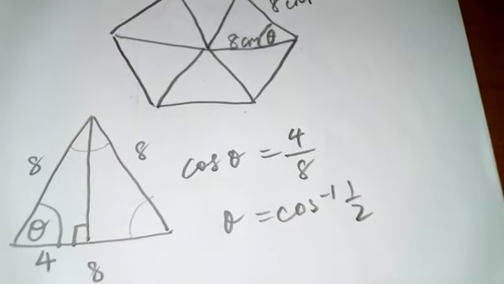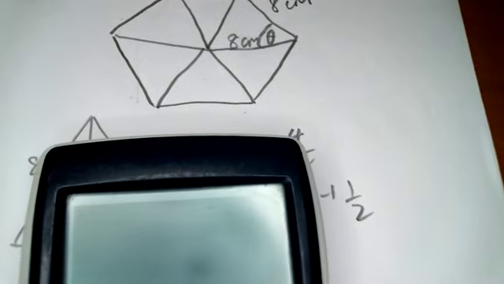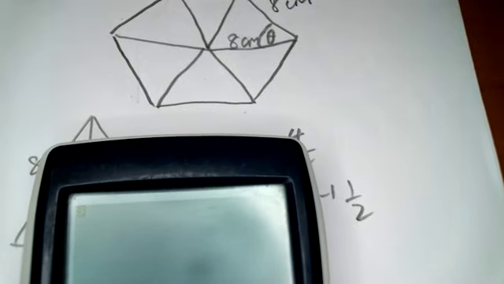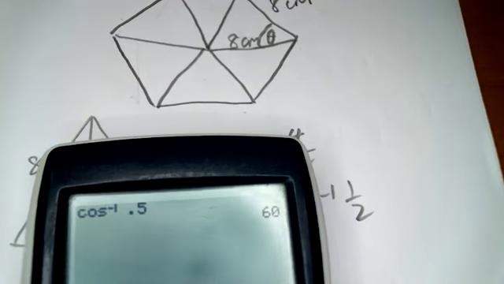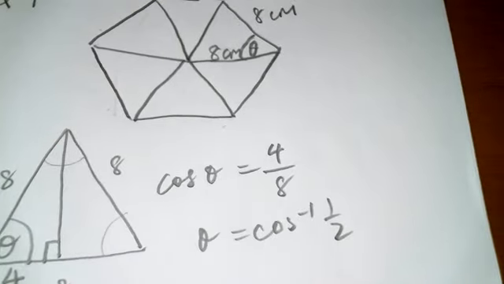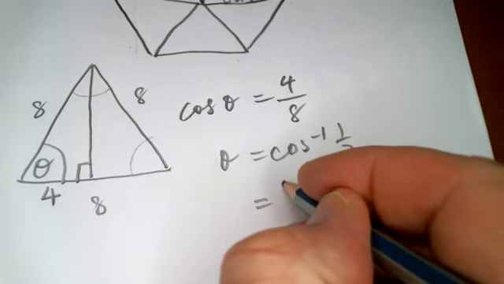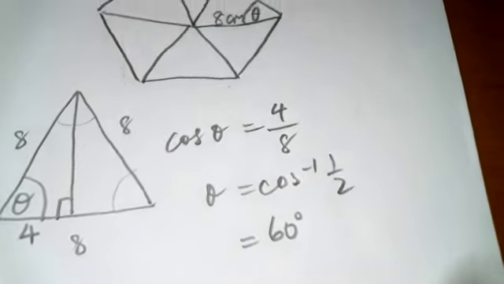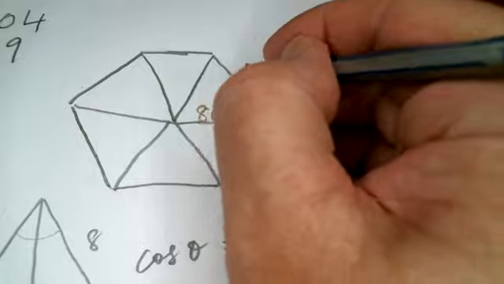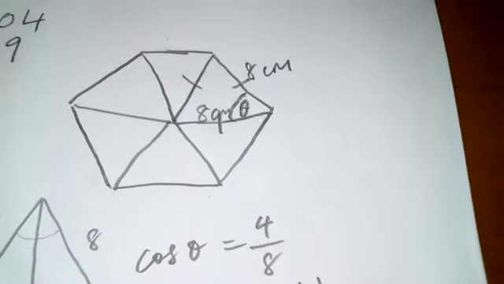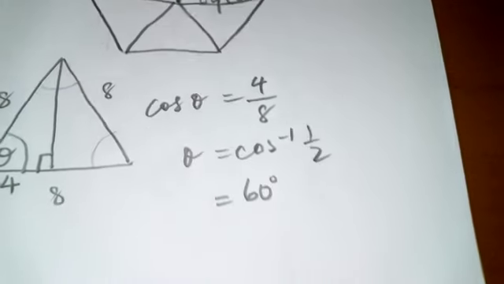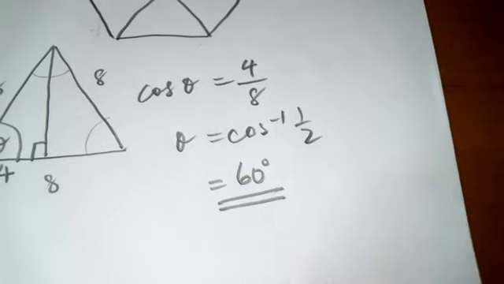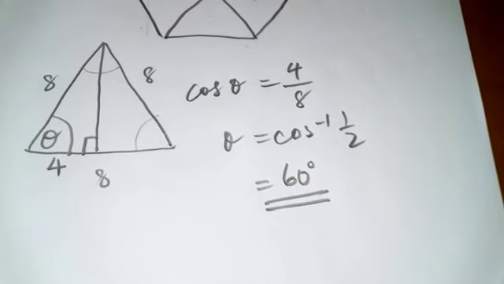If I work that on a calculator, the arc cos of 0.5 is 60. So we know that the internal angle here is 60. In fact, it makes sense because it's an equilateral triangle, so the internal angles must all be the same, and they're all 60. If you weren't sure, you could just do that, but in equilateral triangles, everything's 60.